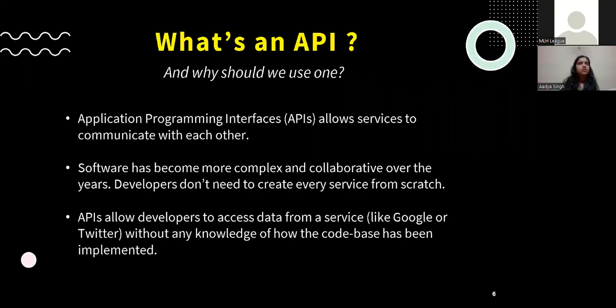So APIs exist for things like Google, Twitter, etc. For example, if you want to fetch a particular piece of data from Google and use it in your project, Google will not allow you to use its code. It will not say, "Hey, you can use my code and edit whatever you want in my code."